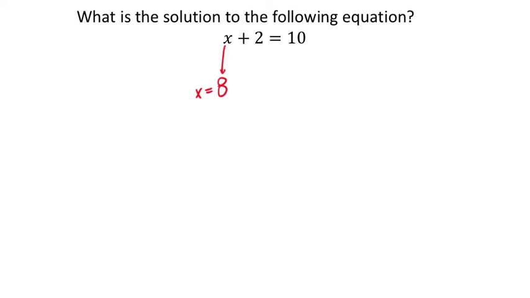I can even check. So up here, I would say, well, what happens if I replace x with 8? Well, 8 plus 2 does equal 10. We can even put a question mark over there. That would be a true statement. And then I know for sure that if I replace x with 8, here I have a true statement. So x equals 8 is actually the solution to that equation, all right?